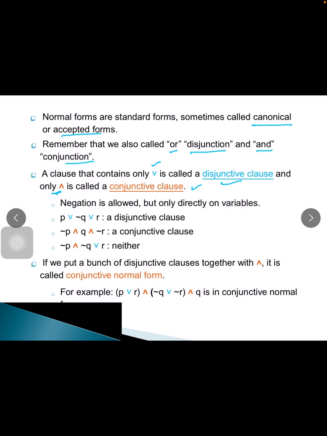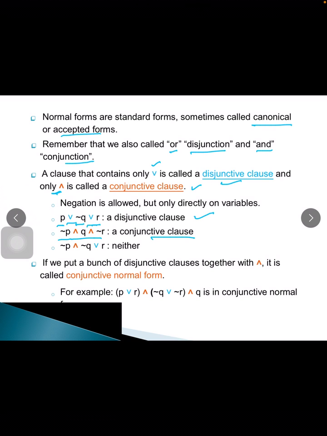Like if we have the three variables p, q, r, and here we see that our variables p, negation q, r are connected with the disjunction only, so this is called the disjunctive clause. And next we see that our variables negation p, q, negation r are all connected with the conjunction only, so this is called the conjunctive clause.